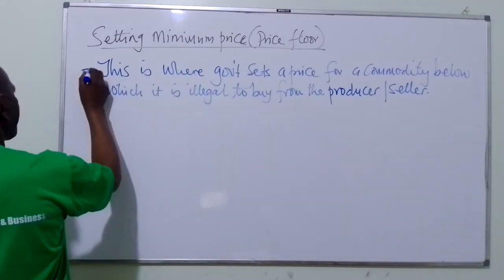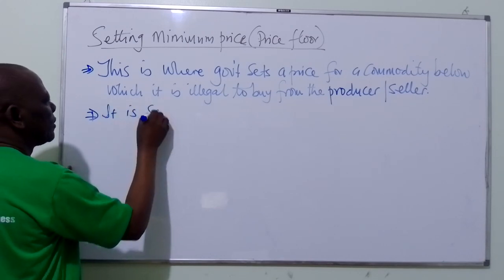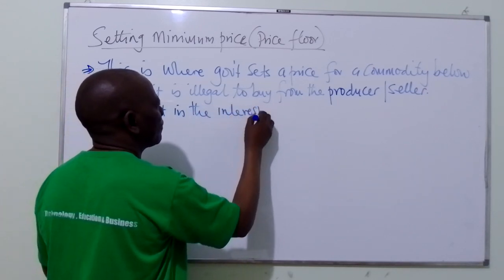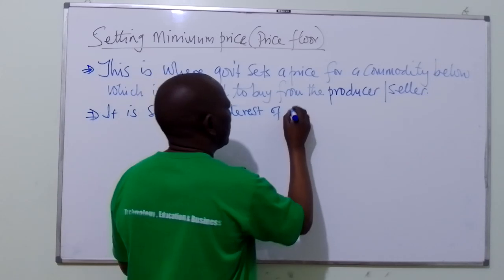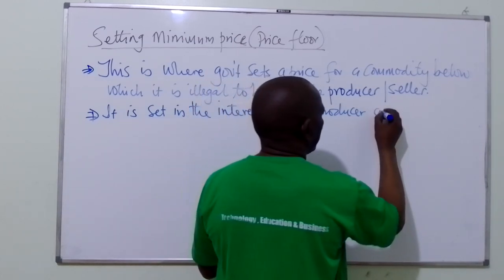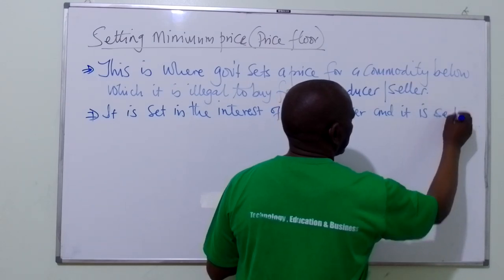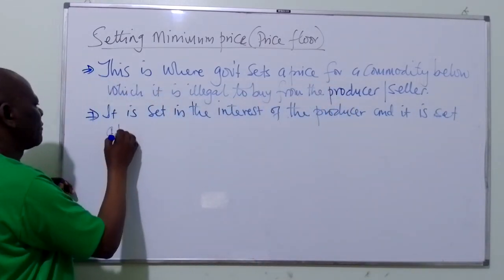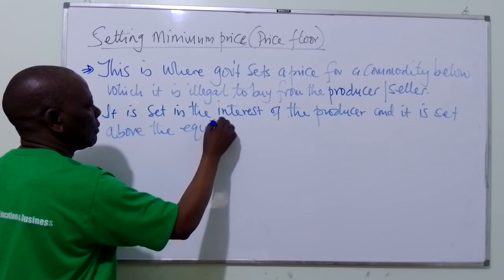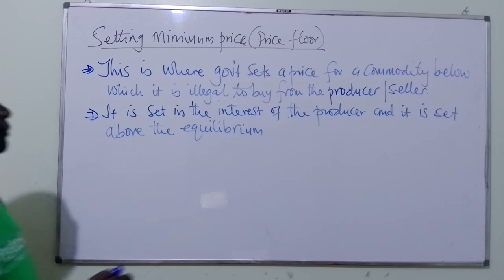So we say it is set in the interest of the producer, and it is set above the equilibrium.